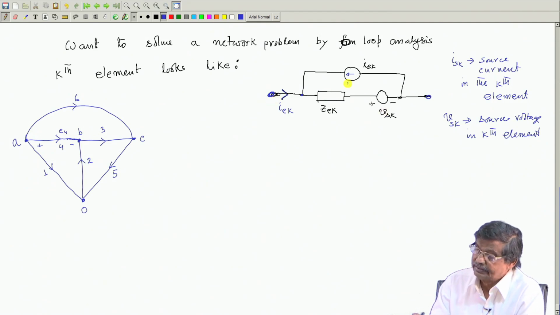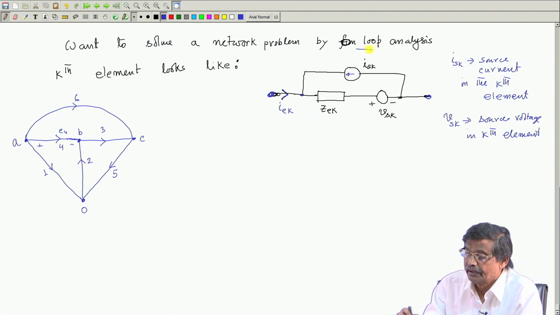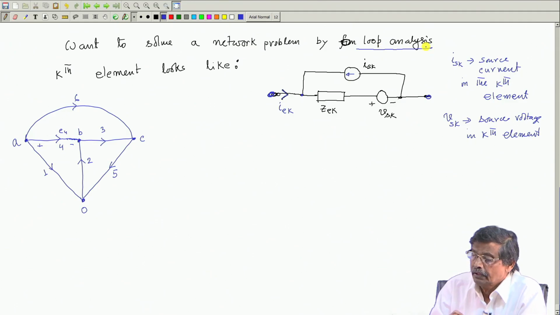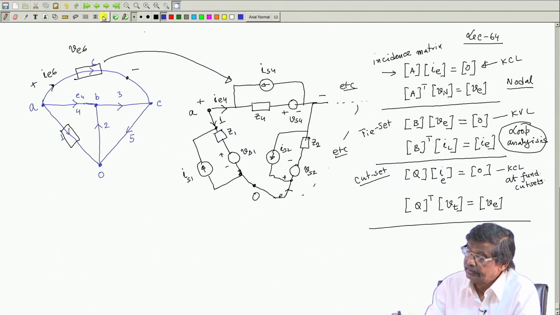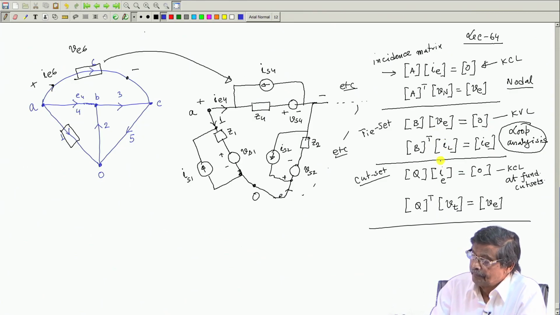This you please follow. Then I must find the relations. Now, first I want to solve this problem by loop analysis. Loop analysis means the tie set matrix will be invoked, that is this one. You want to find the loop currents.